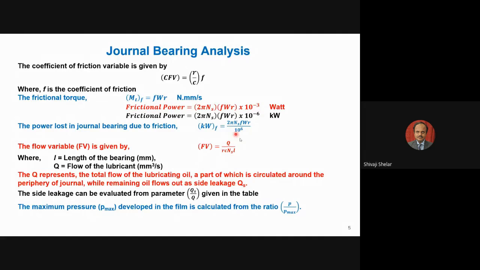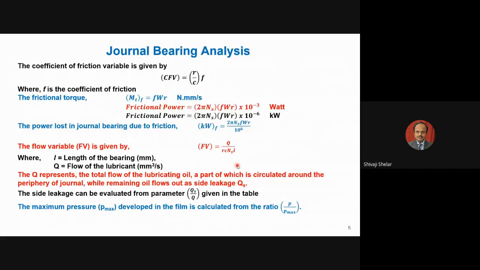Now, if you use this equation, you will get this flow rate in terms of millimeter cube per second. You can convert into liters per second, or you can convert it into meter cube per second as per the requirement. Okay. Now, your flow is around periphery. So what happens? It is flow in the tangential direction.